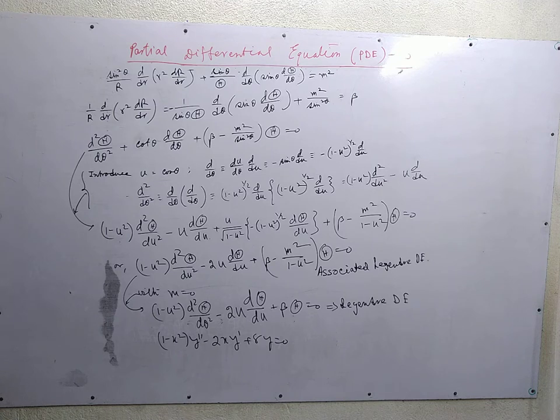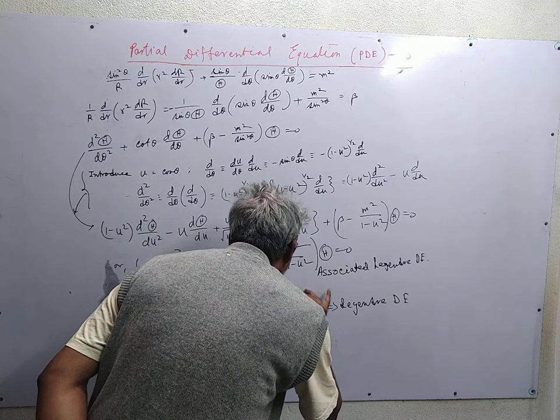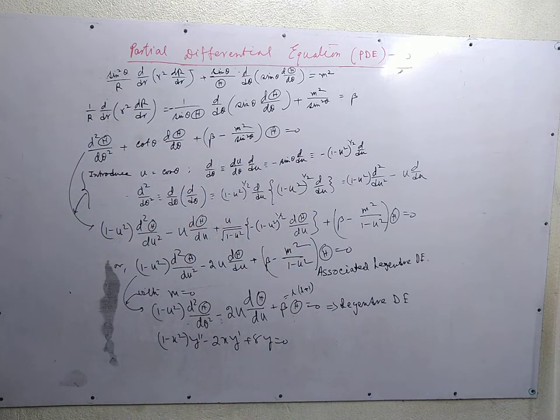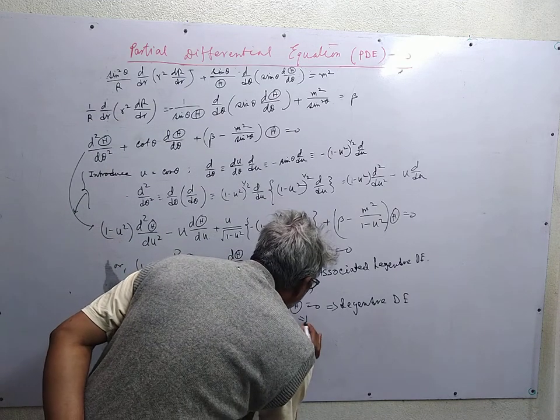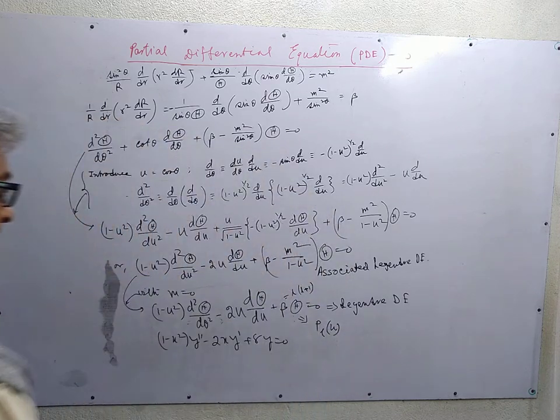So to have a finite solution on the z axis, beta has to have a special value L into L plus 1, where L by convention is assumed to be a non-negative integer. With this, the solution becomes P L of u, that is P L of cos theta.